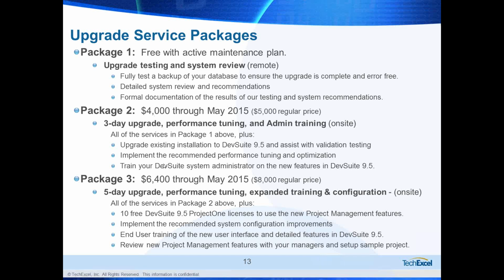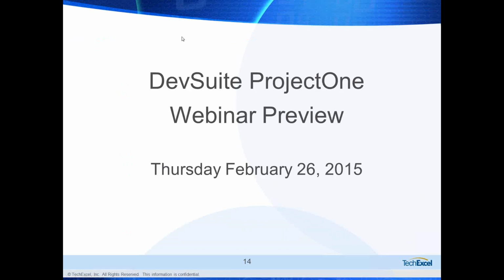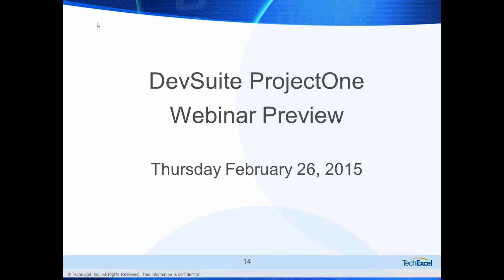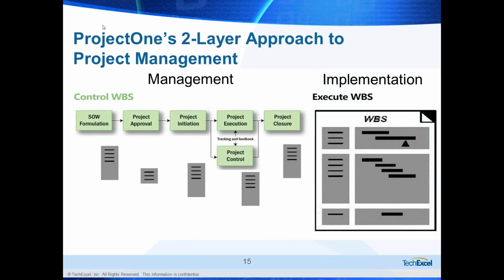Now moving on to Project One, we do have a webinar this Thursday at the same time, I believe, and we will be covering our new project management solution, Project One. Project One takes a 2-layered approach to project management. So we have both the management level project of the projects and also the implementation level.